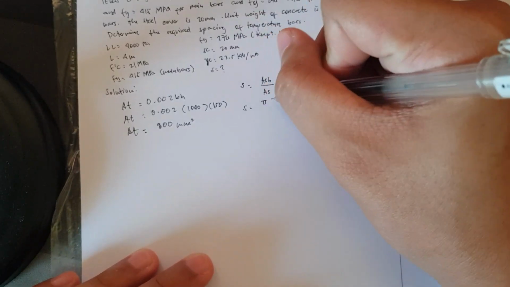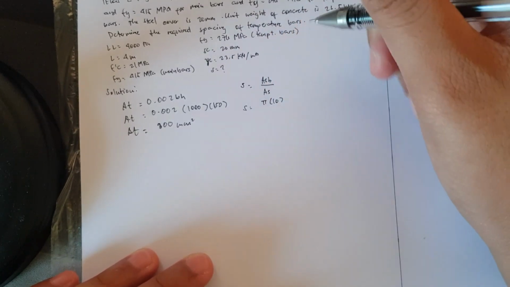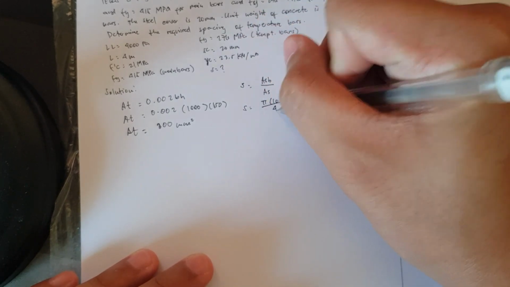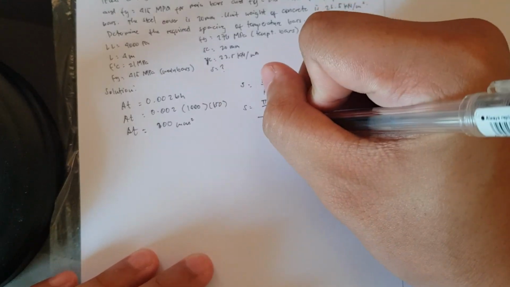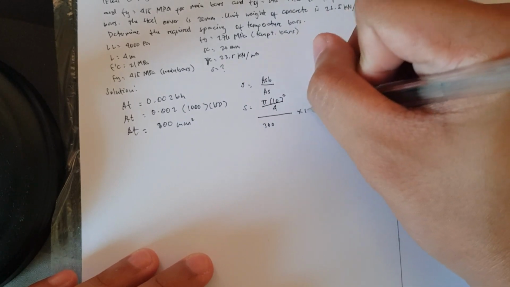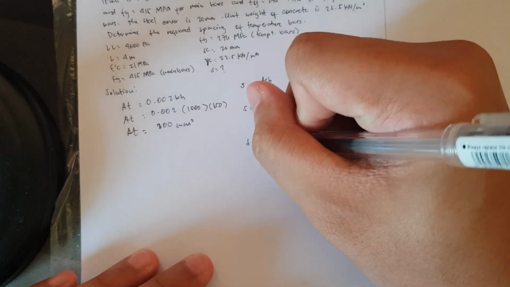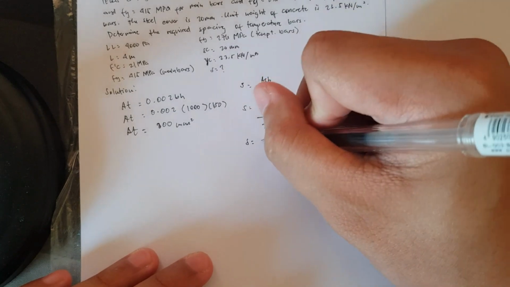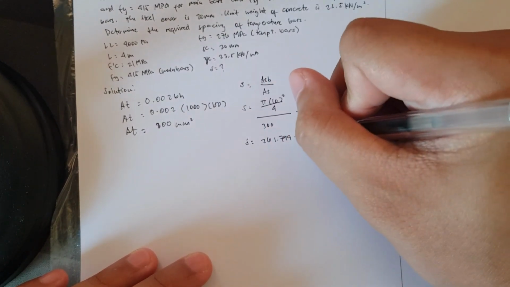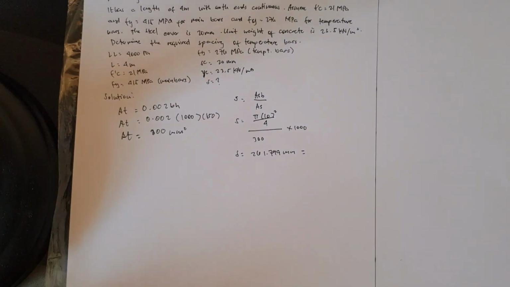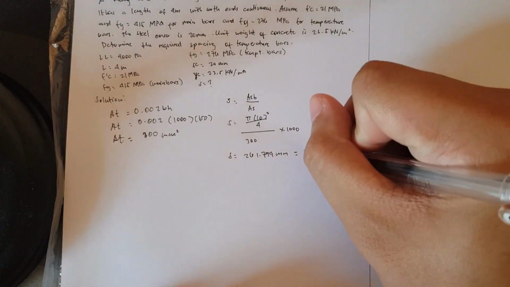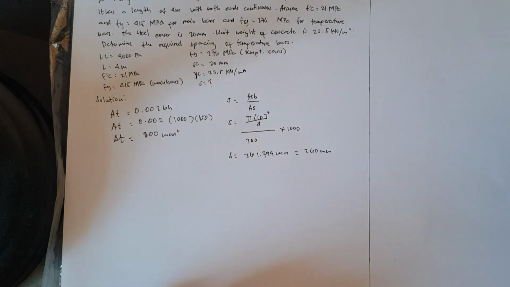So pi times yung 10 mm squared, all over 4, all over 300 mm squared times natin sa 1,000. So, makukuha natin yung spacing natin, which is 261.799 mm. So, nakuha natin sa spacing is 261.799 mm or 260 mm.